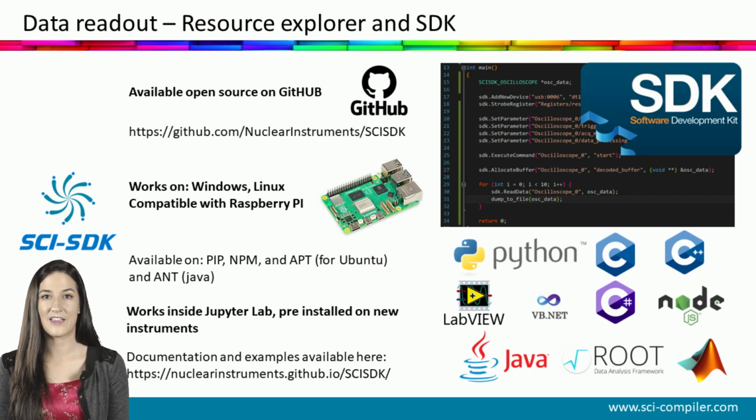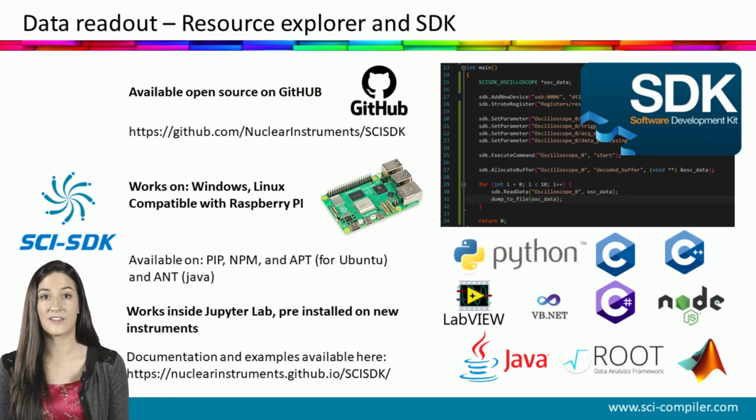The SciCompiler SDK stands as the gateway for data acquisition from all compatible open hardware boards. This library is released to the open source community, as it is freely available on GitHub for anyone to use, modify, and distribute. It is cross-platform, with availability for both Windows and Linux systems. Runs even on Raspberry Pi.